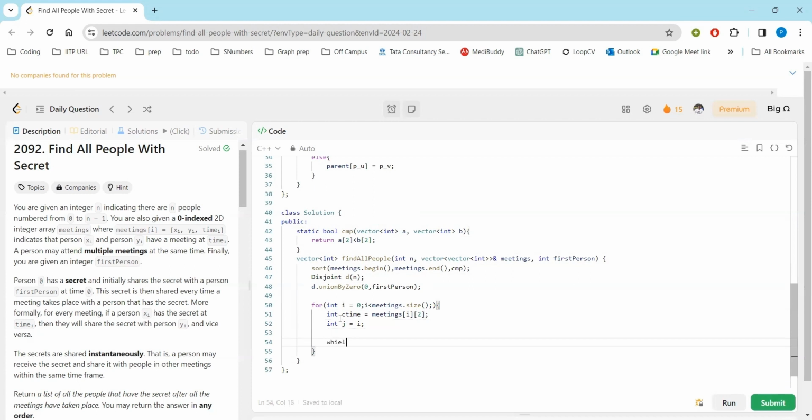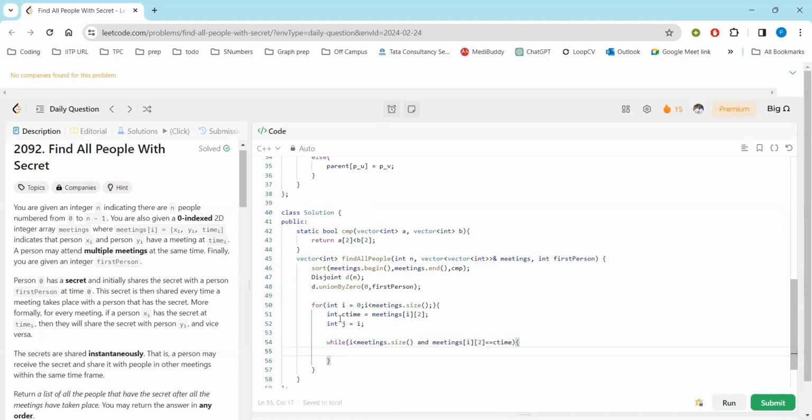Now, while I is less than n and meetings of I to 2 is equal to current time, what we will do?